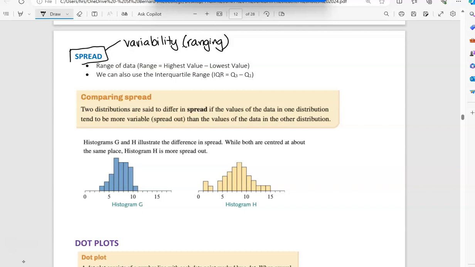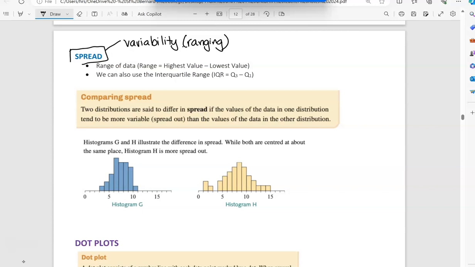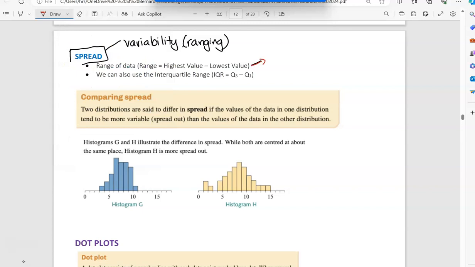When we want to talk about the spread, we either talk about the range or the interquartile range. Now, just like the mean and median, the range is affected by outliers.